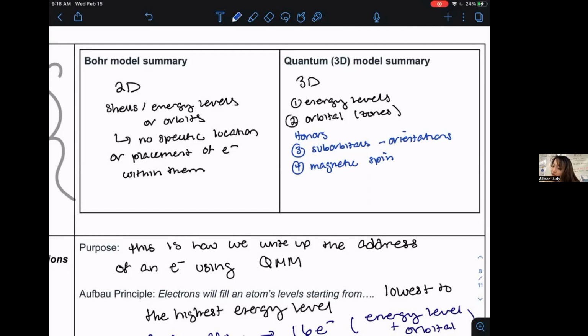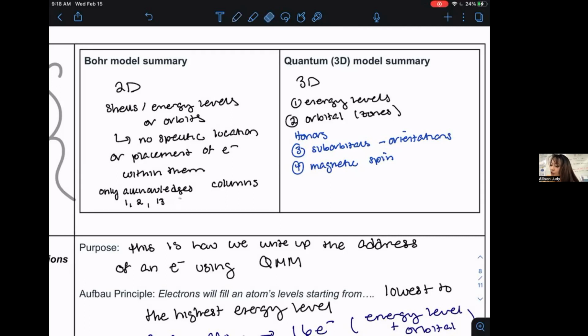Okay. The Bohr model also is different and superseded by the quantum model because the Bohr model only acknowledges columns 1, 2, and then 13 through 18, okay?